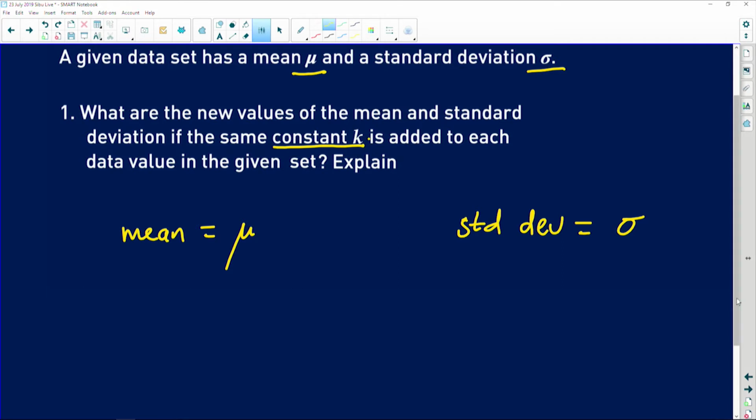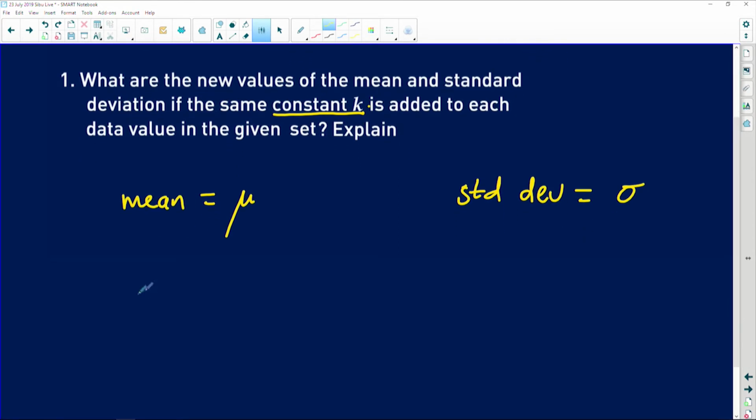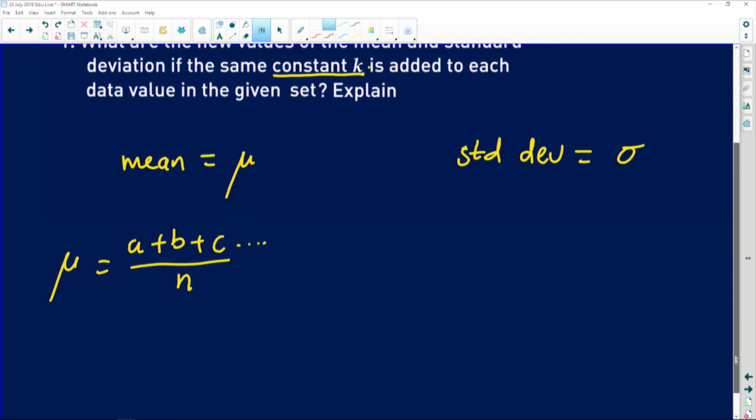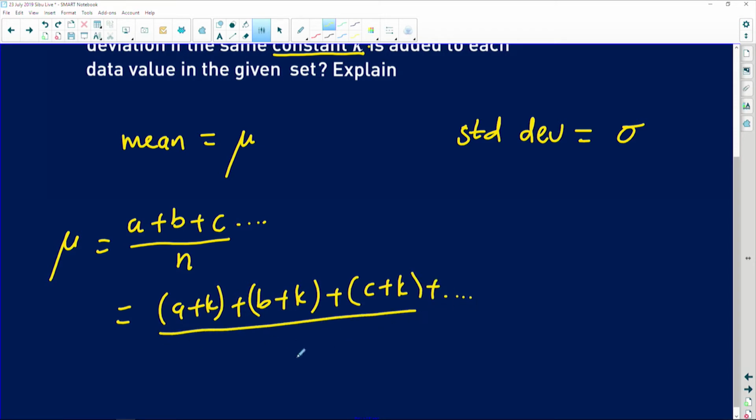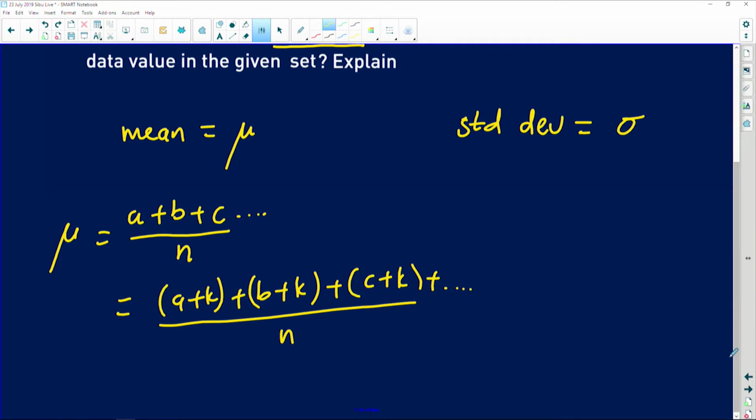And we can do a mathematical demonstration of this by saying that if I have a number plus another number plus another number, divided by how many they are, and I'm claiming that this is equal to my mean, when I add a constant value on all of them, my a will now be a plus the constant value k, my b will now be b plus the constant value k, my c will also change and become c plus some constant value k, divided by those number of terms that I had, which is still the same number of scores that we were dealing with.